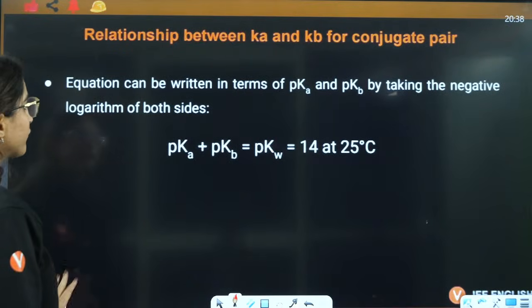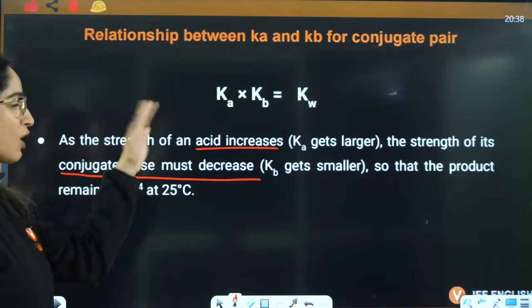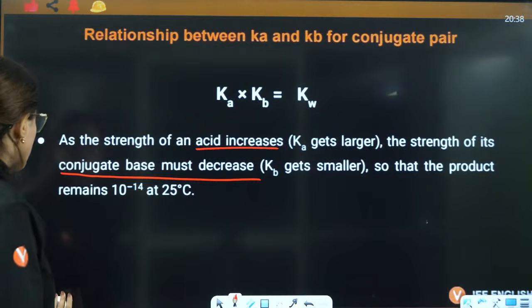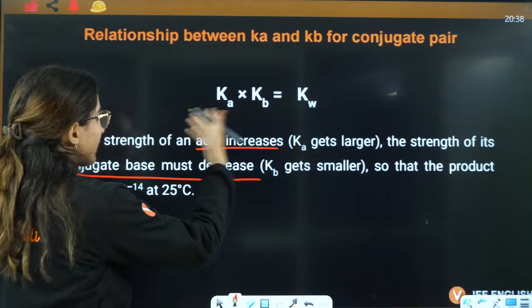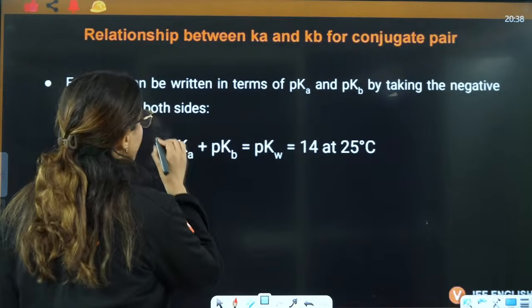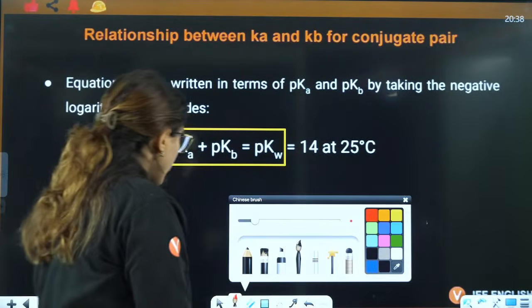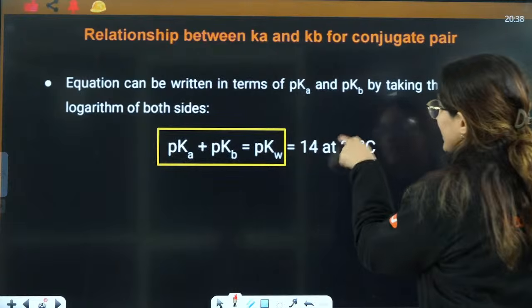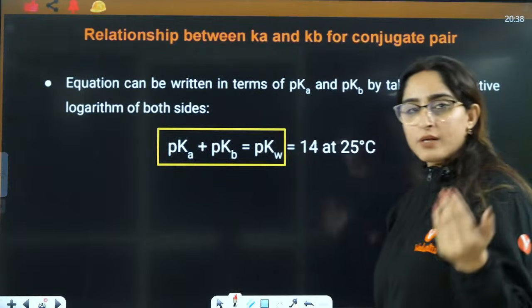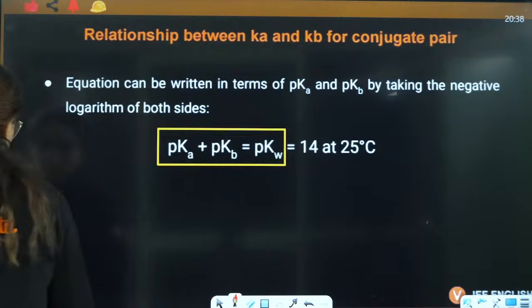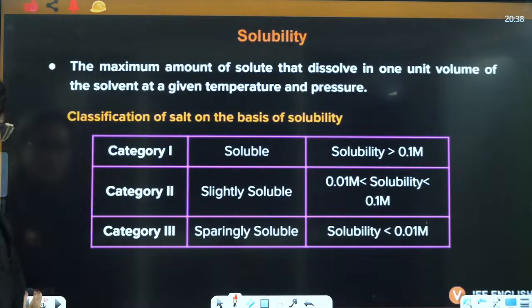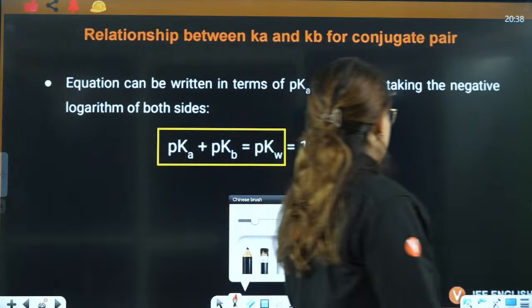When you solve this, this is only for a conjugate acid base pair. You take log, you take the negative of that, and you will have this particular thing here, which equals 14 at 25 degrees Celsius, because the Kw value changes with temperature. Tell me guys, is that clear?